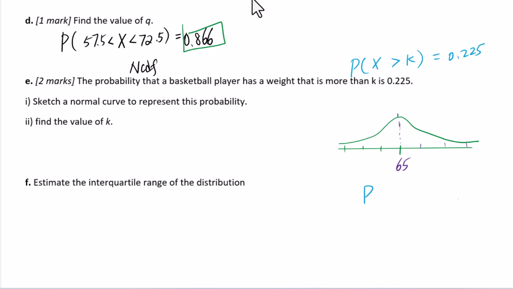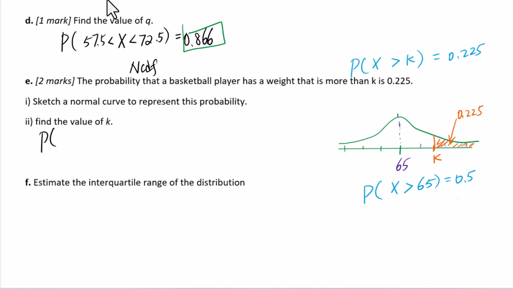We know probability of X greater than 65 equals 0.5, which means K is on the right side of 65. We just say this is K. This is the area, 0.225.